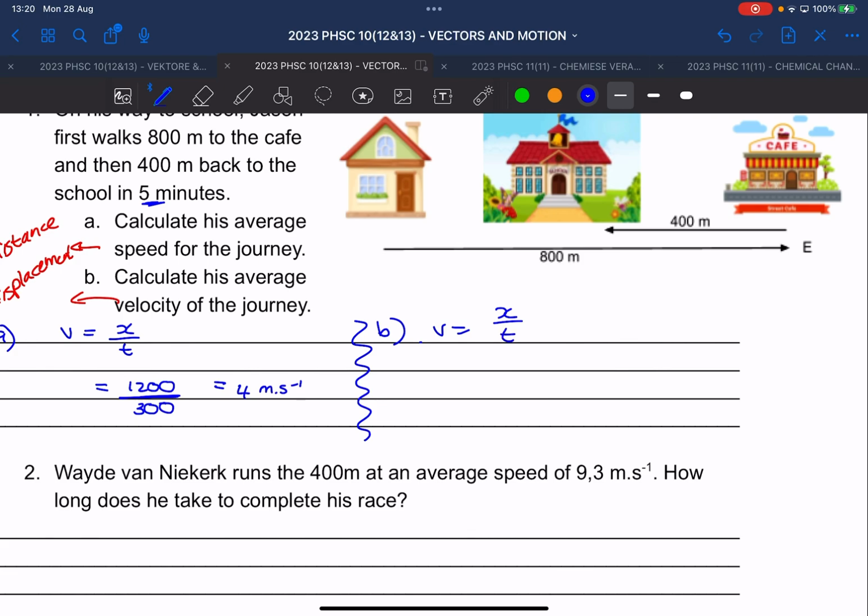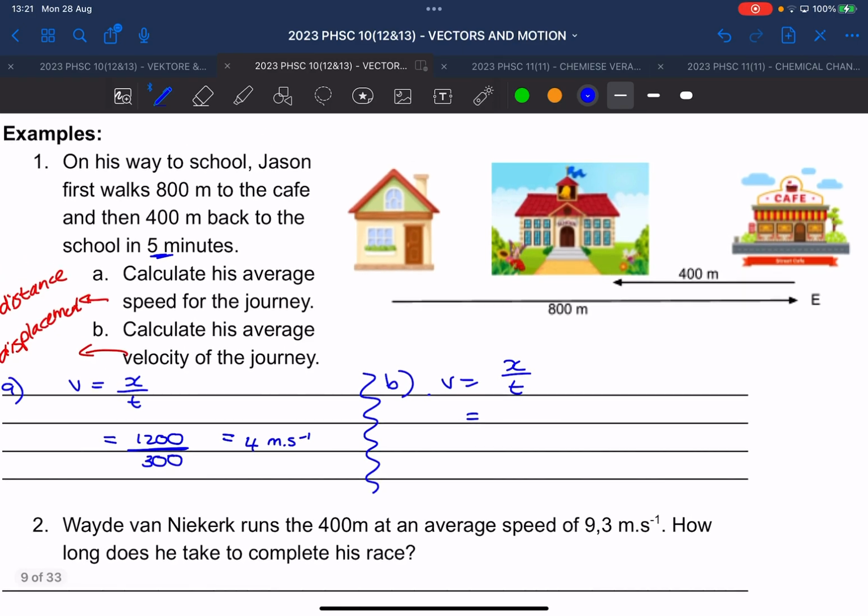Okay, now if we ask what is his velocity, velocity is linked to his displacement. So, what is the boy's displacement for the scenario? Wait, 400 meters?